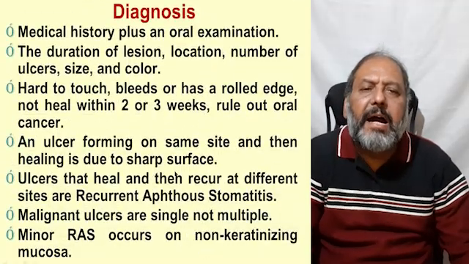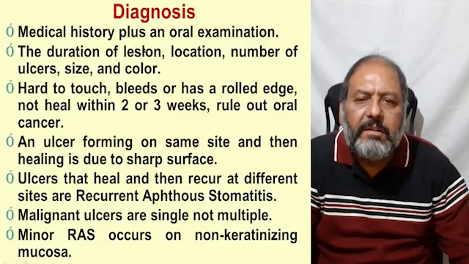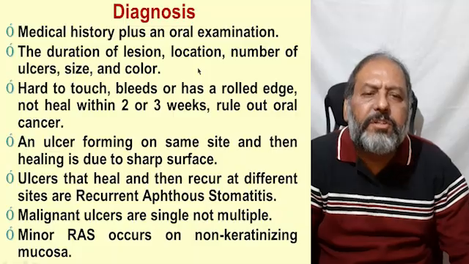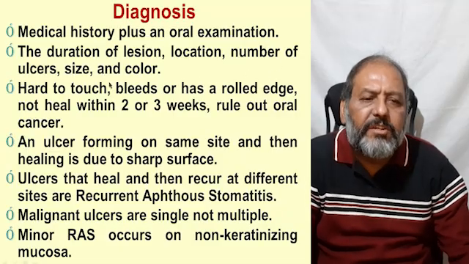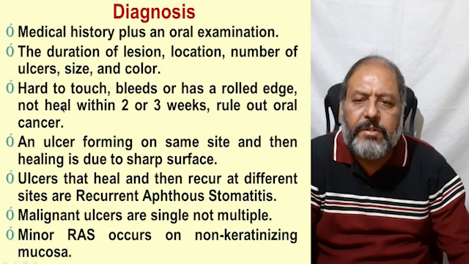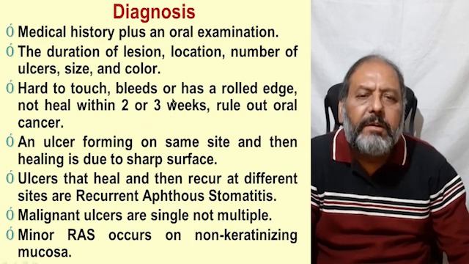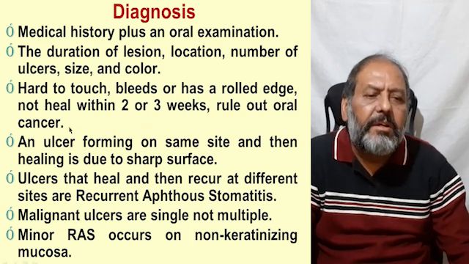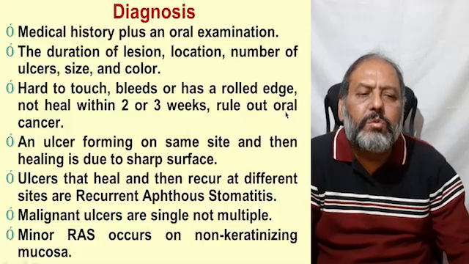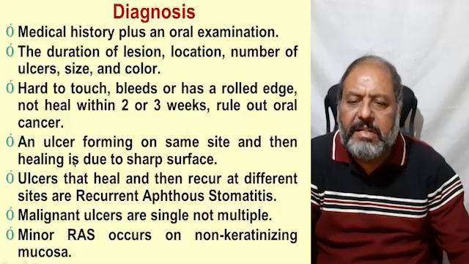Now, the diagnosis of mouth ulcer: medical history plus an oral examination. The duration of the lesion, the location, the number of ulcers, size and color are noted. If hard to touch, bleeds, or has a rolled edge, and has not healed within 2 to 3 weeks, rule out the possibility of oral cancer.